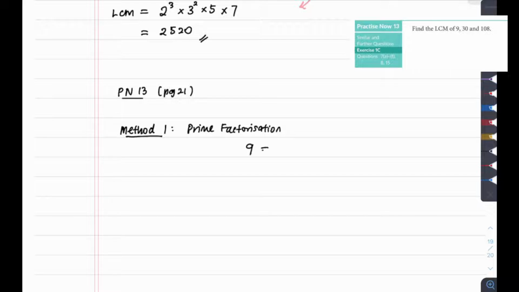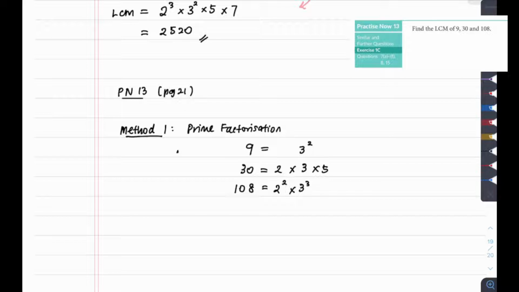So 9 is equal to 3 square over here. Leave a gap there. 30 is made up of 2 times 3 times 5. Alright? And for 108, the prime factorization would be 2 square times 3 cube.